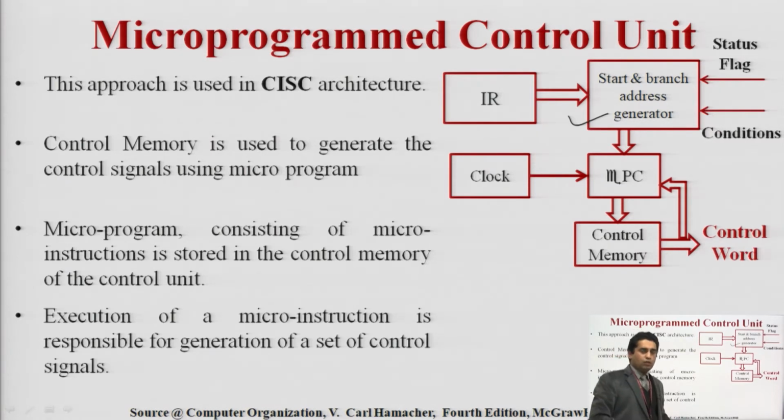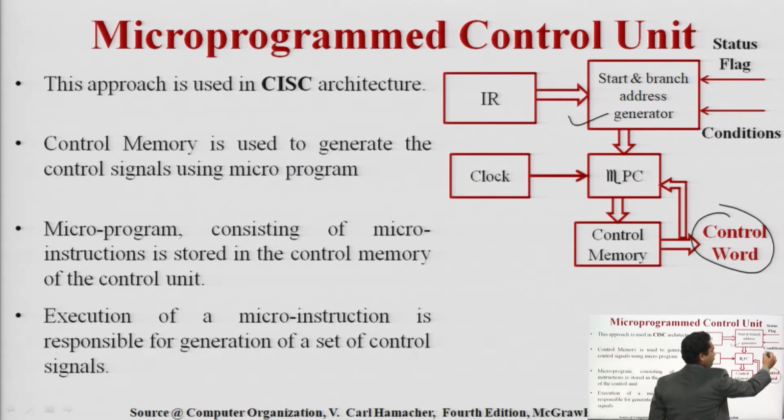Here the complex instructions are coming to the CPU. On behalf of the nature of the instructions, the code is going to be generated. We have seen this diagram in the last class, and I explained how the control word is generated on behalf of the conditions and the status flags.